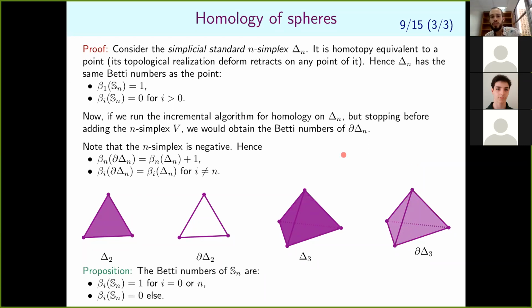The best way to prove that these boundaries of standard simplices are homeomorphic to the spheres is to find a homeomorphism between these boundaries and the spheres.